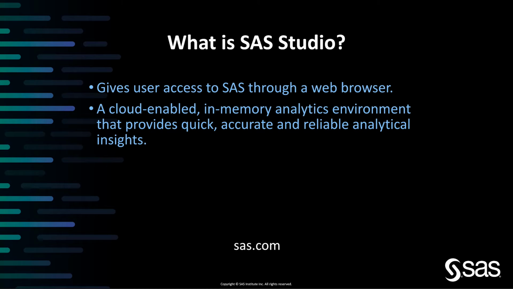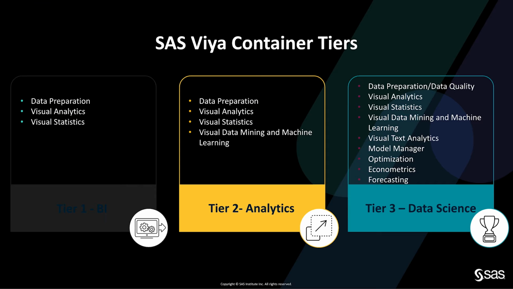Now, on your system there are 3 tiered containers. I'm not sure if anyone has tried this yet, but you're going to be asked which tier you want to open up when you are opening up SAS, and each one has a different cost. A lot of the time you might just be doing the basic tier 1, where you're just doing simple data prep.